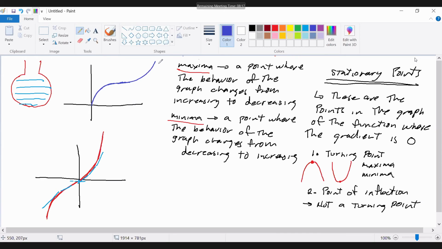If you're now going to determine the gradient of the tangent over here, if you're going to draw a tangent, you can see that it will be fast. And then somewhere here is going to be slow. Correct? And then somewhere here it's very, very slow. There will be a point wherein it will shift or change.